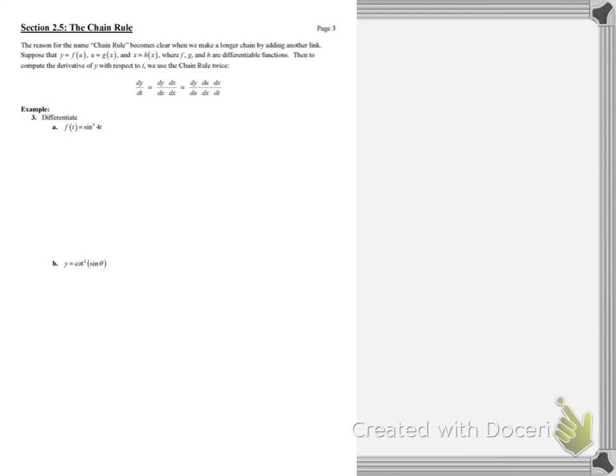Moving on, the reason for the chain rule, or the reason it's called that, is because we can continue to take longer and longer chains, taking more and more derivatives. The idea is still take the derivative, evaluate it at the inner function, and then take the next derivative, evaluate it at the inner function, and keep going and going and going.